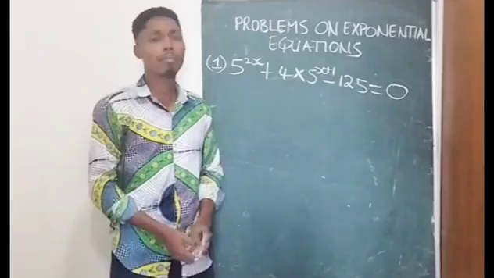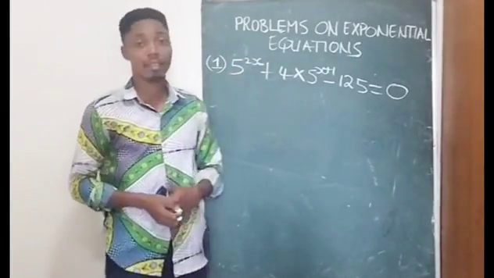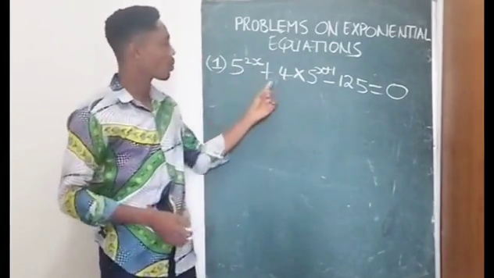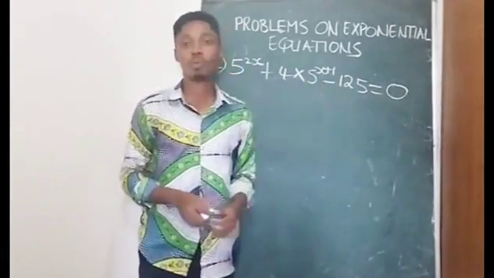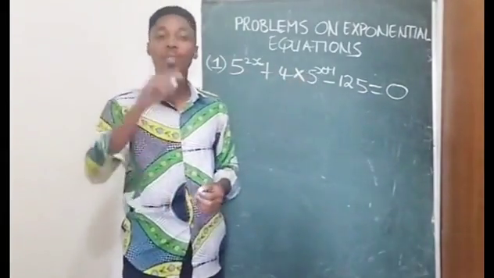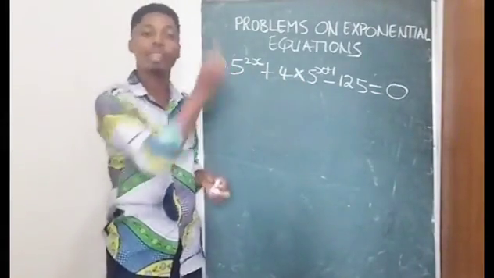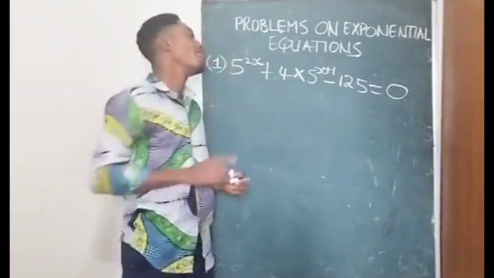So the first problem on exponential equations is this: 5 raised to power 2x plus 4 times 5 raised to power x plus 1 minus 125 equals 0. When you see an equation like this, we have to find the value of x, that is the variable in the exponent, the variable in the power, or the variable in the index.